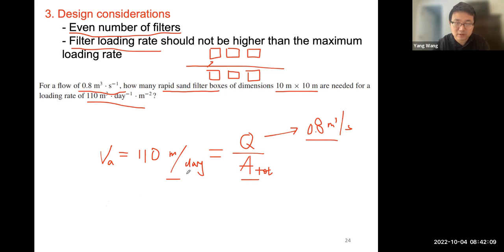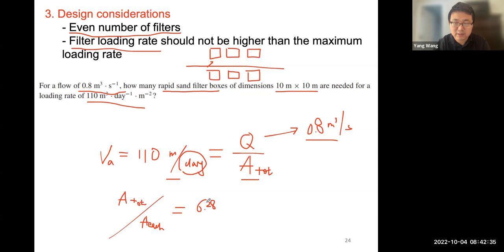Also you need to think about the conversion of the day here. Once you have the A total, you can divide the value by the area of each sand filter, which is 100 meters squared. So A each. You can find out that the value is 6.28.